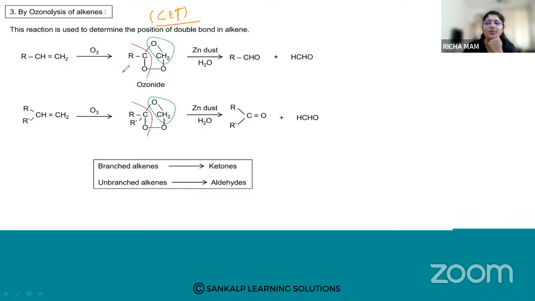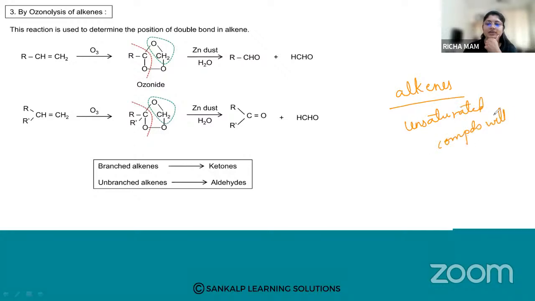This tells you the position of the double bond in the alkene. Alkenes are unsaturated compounds with a double bond.